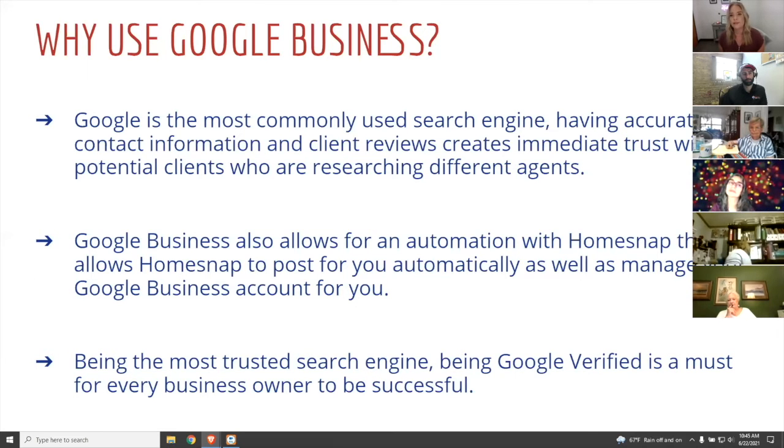It's not specific to you personally, but it is specific to your industry. That type of content on your Google Business account just adds another layer, but also does the hard work for you once you get it up and running. So that's a great reason to use it as well for agents.